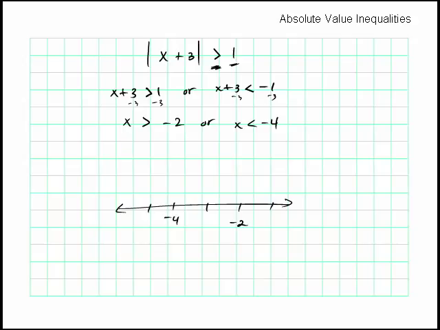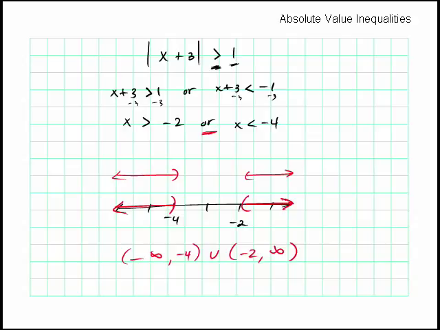Greater than negative 2 are these numbers. Less than negative 4 are these numbers. It is an OR statement, and so I just keep whatever's been shaded, and it would be this and this. Interval notation, negative infinity to negative 4, union negative 2 to infinity.